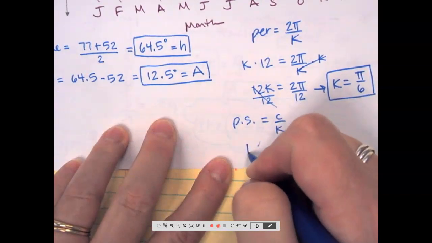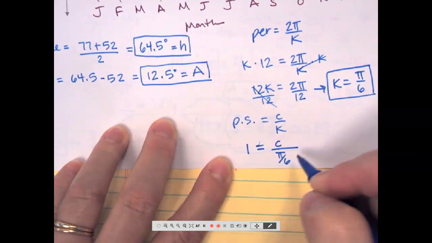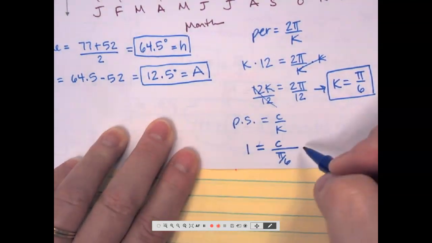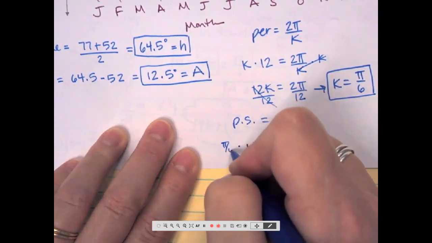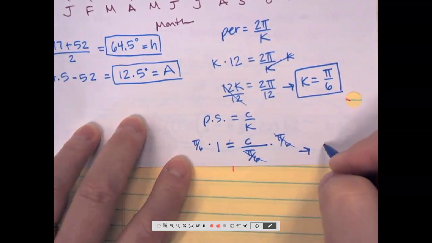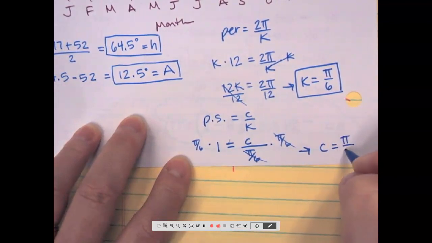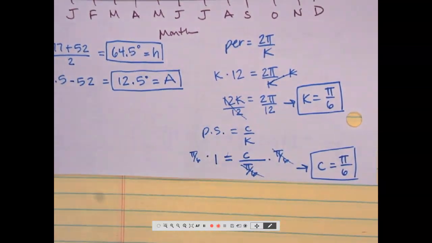So that shift is 1 equals C over K, which is pi over 6. If I multiply both sides by pi over 6, then I get C equals pi over 6. Now this is shifted to the right 1, so it will be a minus for our C value.